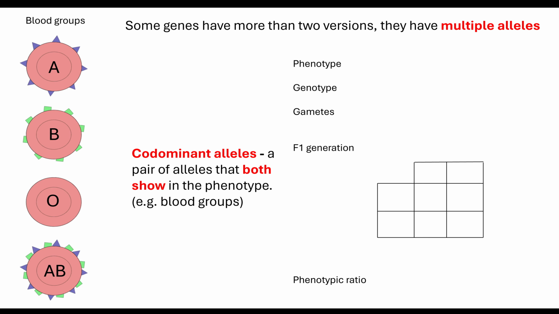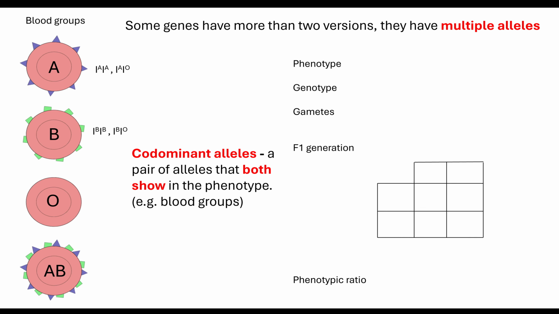That's because of codominant alleles, when you have a pair of alleles that are both shown in the phenotype, like we have with blood group AB. That means that allele A and allele B are both dominant, so we say that they are codominant. You could be blood group A, and therefore have either the genotype IAIA, or you could be heterozygous, IAO.